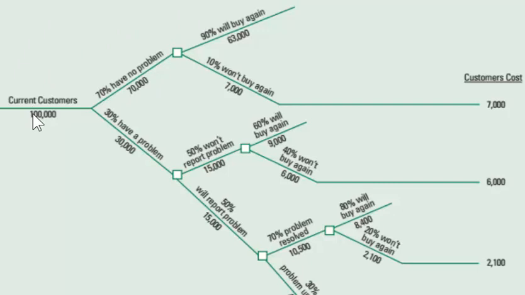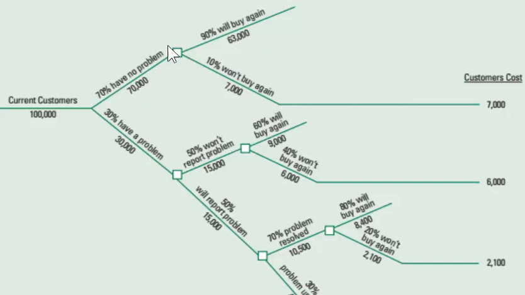It means 100,000 into 70%, 70,000 customers have no problem. The other category is 30% have some problem, so another 30,000. Out of these 70,000, because they are happy customers, chances are that 90% will come back and will buy your product or service once again. So they would be a repeat customer. 90% will buy again. 63,000 customers.